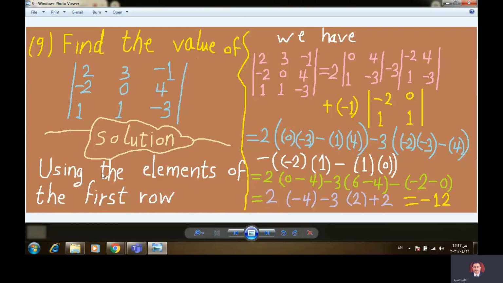Solution: using the elements of the first row, we have 2 times this determinant 0, 4, 1, negative 3. Why? Cancel this column and this row, you will obtain this determinant of elements 0, 4, 1, and negative 3 here.